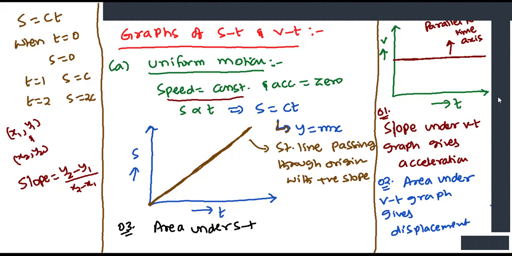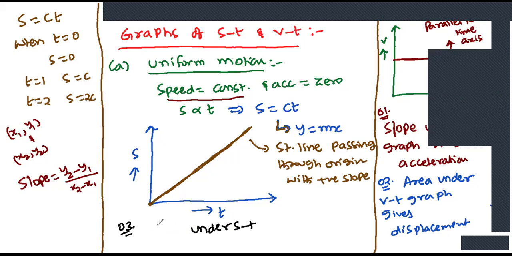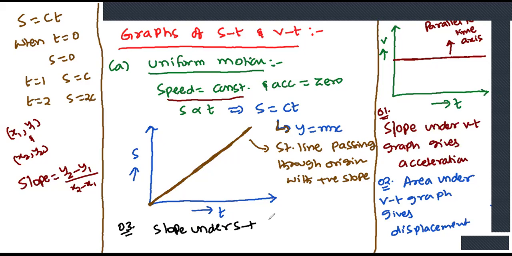Sorry, not area, slope under the ST graph gives displacement by time, which means velocity. Remember these three points, most important, which we will use again in the numericals.